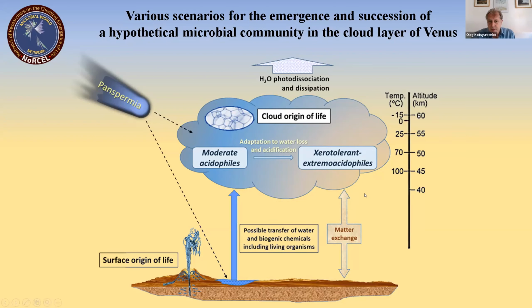So the evolution probably could result in the existence of really xerotolerant, extremely acidophilic microorganisms, which can be still observed now in the clouds of Venus. But before, probably conditions on Venus on the surface, or at least in its clouds, were much more suitable for life of terrestrial types.